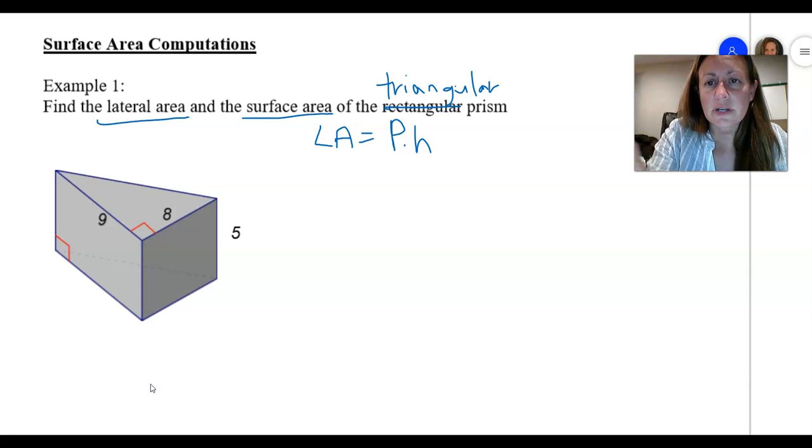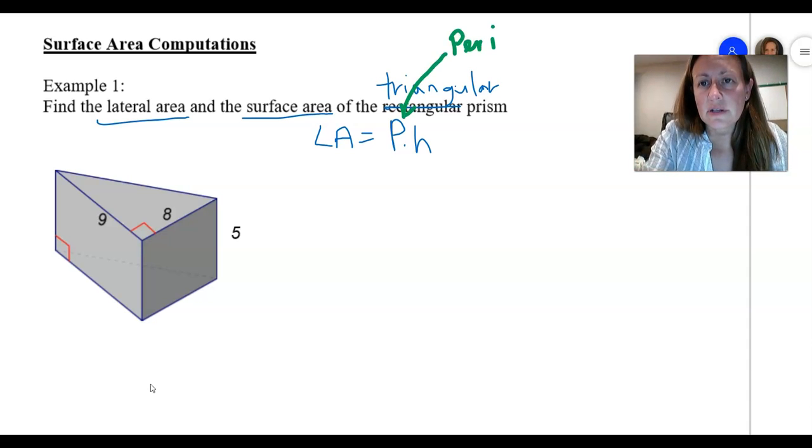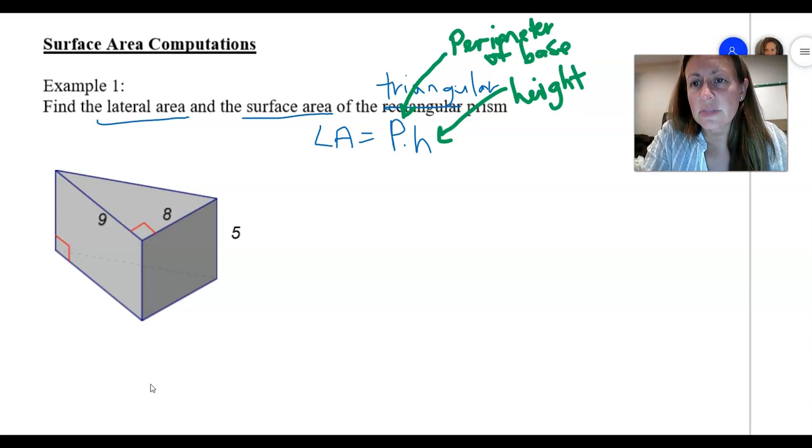You might want to, for the first time here, just say perimeter of base. And H stands for height, not of one of the triangular bases, but the height of the entire prism.